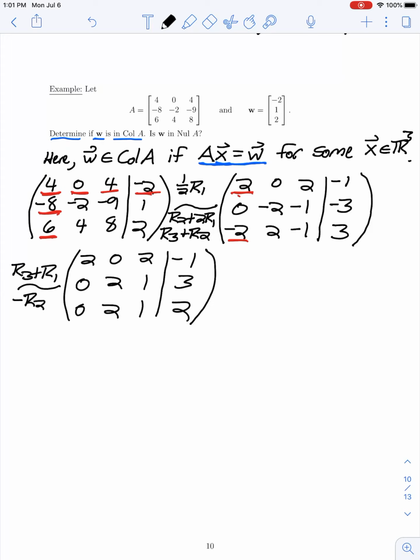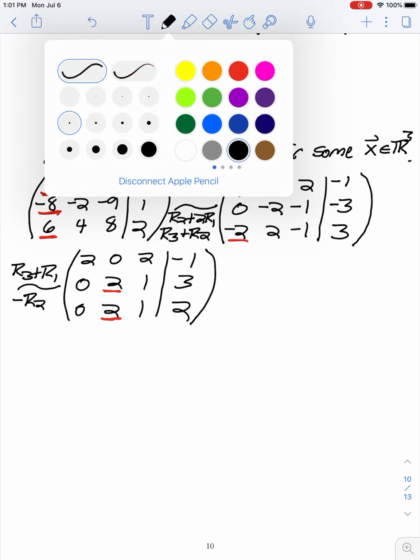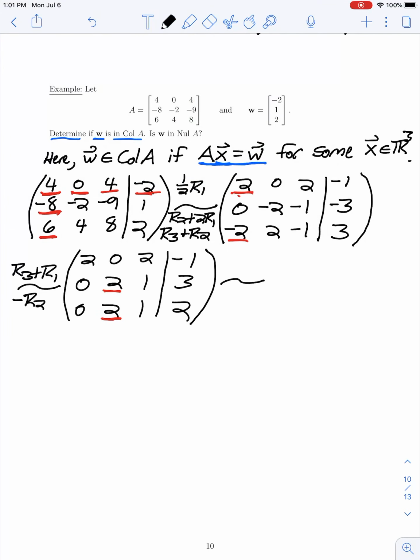So now, in my second row, I have a leading coefficient of 2, which I can use to kill off the leading 2 in my third row by taking row 3 minus row 2. So my first row is now 2, 0, 2, negative 1.